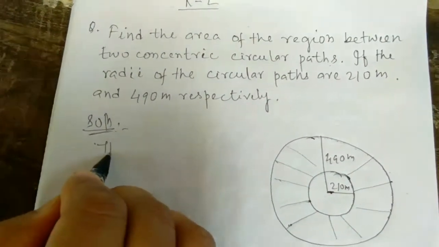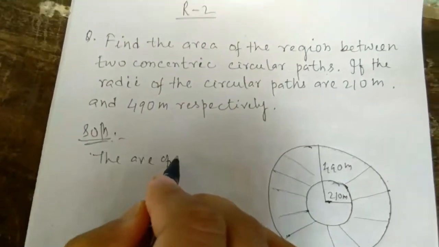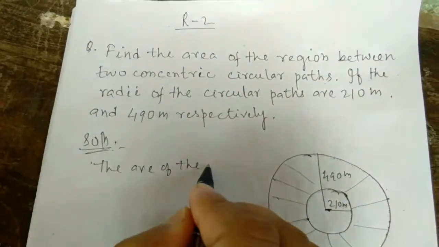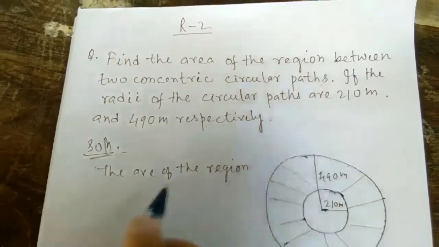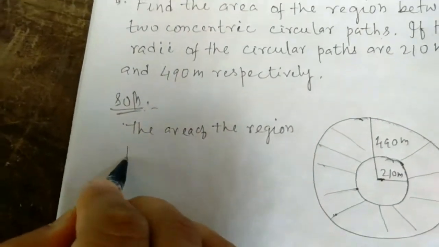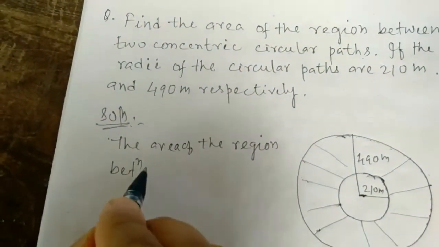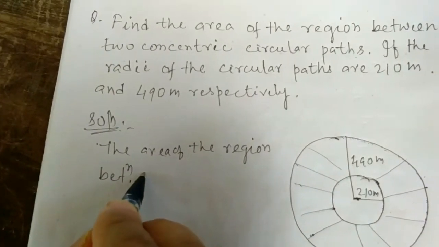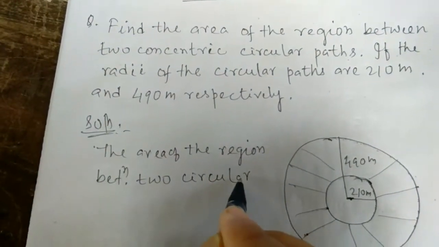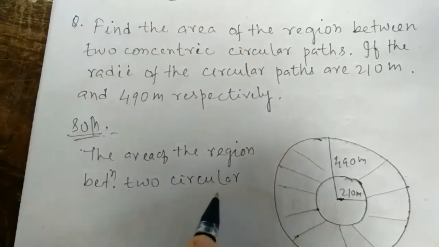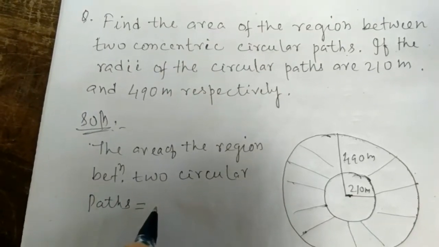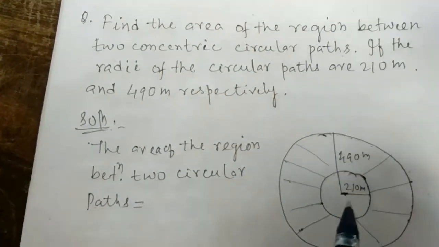Solution. The area of the region between two circular paths is equal to, we know the formula of area of a circle is pi r square.